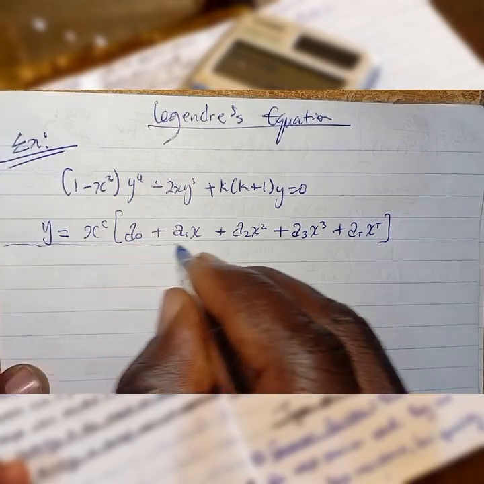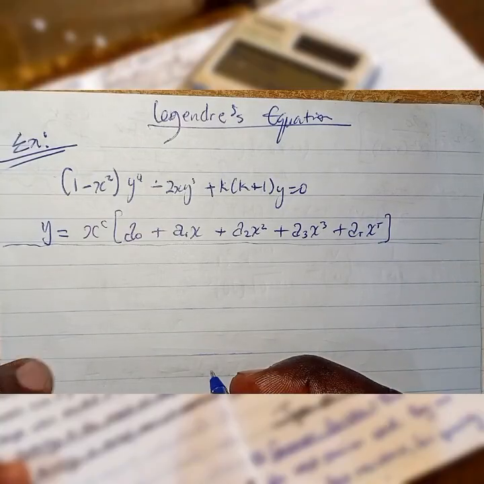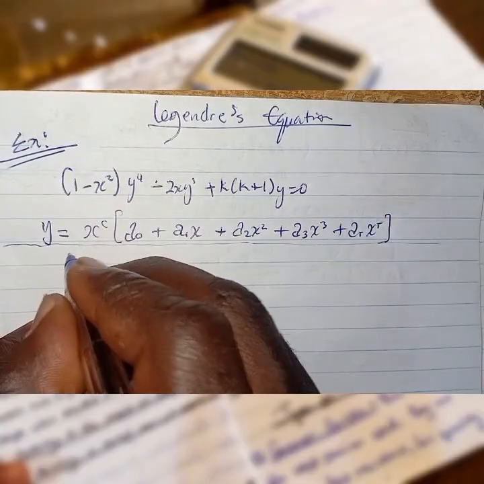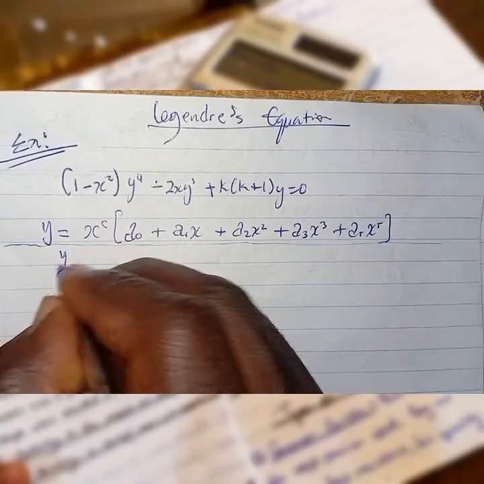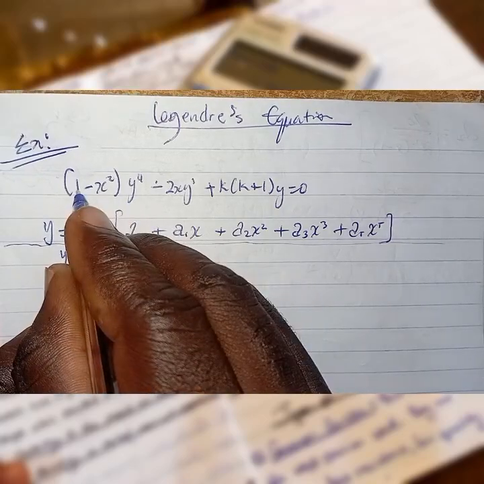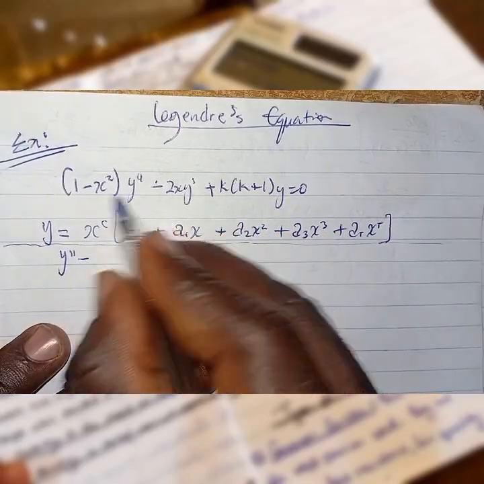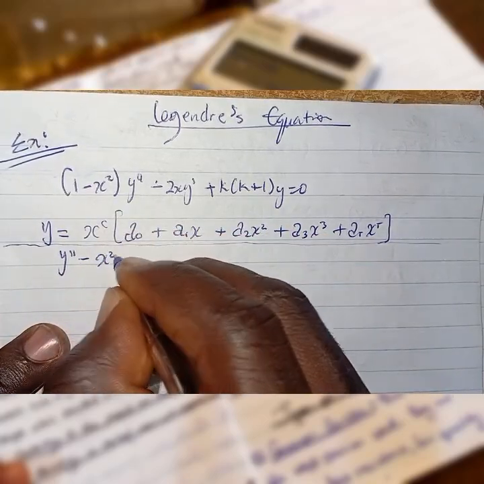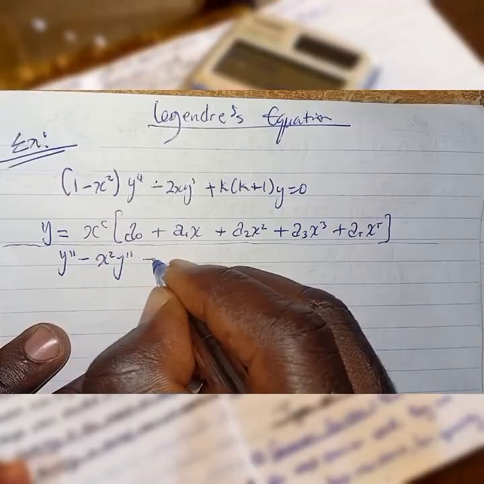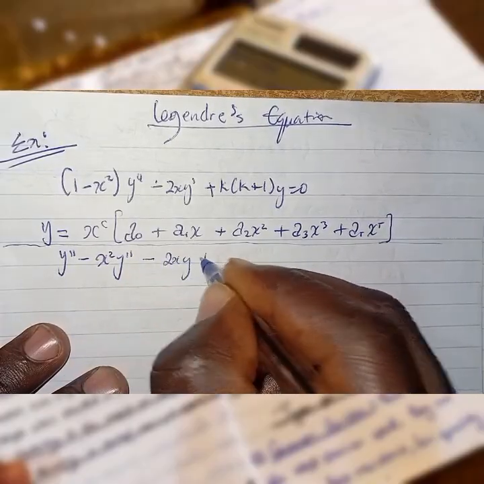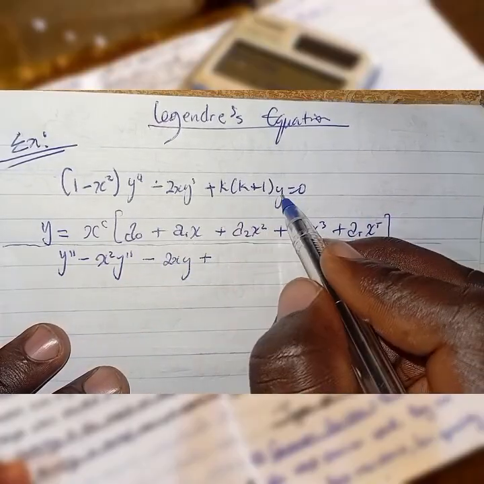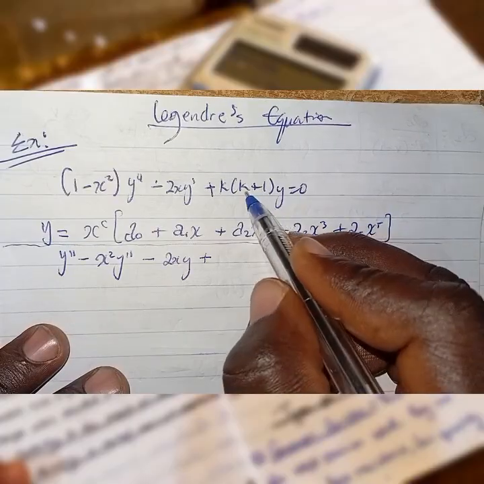Now, before we continue, let's open this bracket. So we're going to have (1 minus x squared) y prime prime minus 2xy prime plus k(k plus 1) y equals 0.